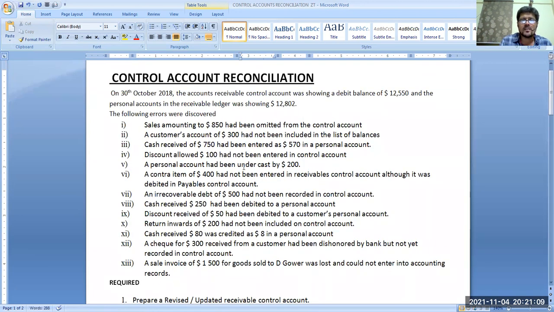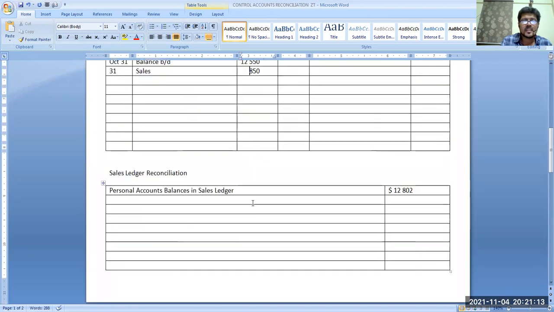A customer account of $300 had not been included in the list of balances. So what we do, this is the problem here. Add customer account not included in the totals.